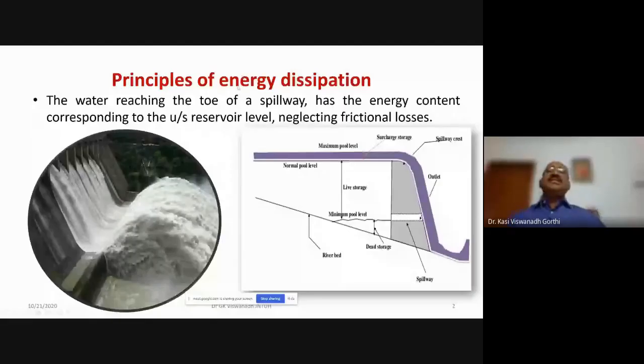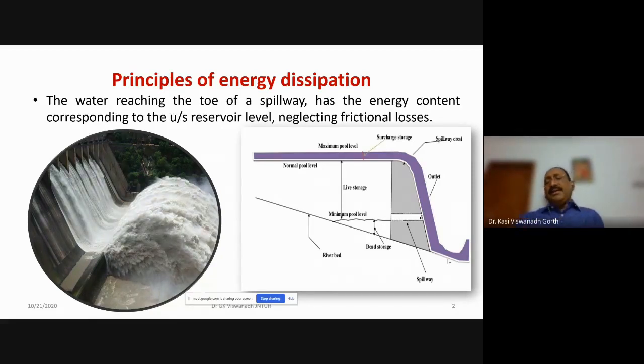If the energy is not dissipated comfortably, what will happen? Because the water comes out and falls with high kinetic energy, it exerts a big thrust on the downstream foot of the spillway. Because of this thrust, two things may happen. One is that the material available at the bottom of the spillway may be eroded away.